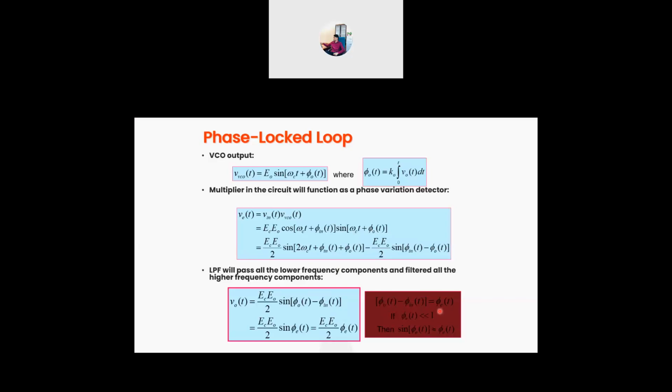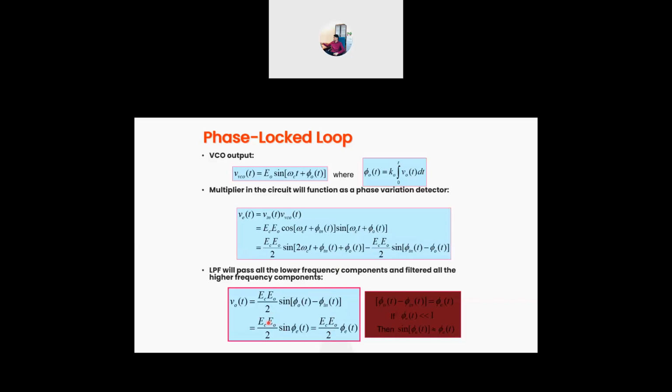Press sine 0.001 on the calculator and we get almost the same value. So when the phase error is much smaller than 1, sine can be assumed to be just the phase error.